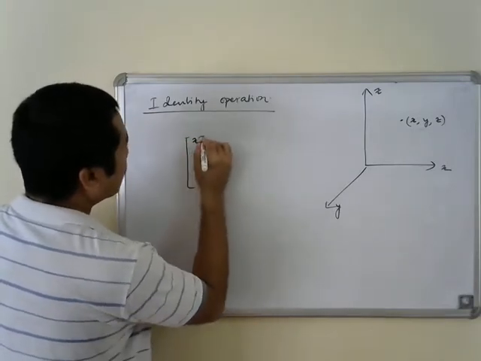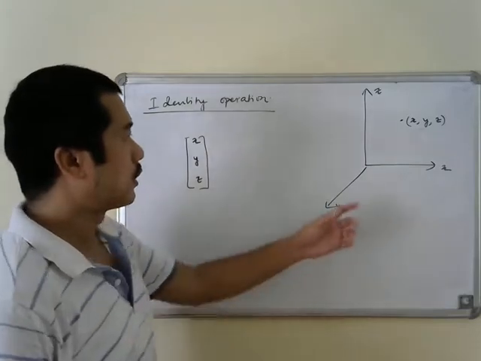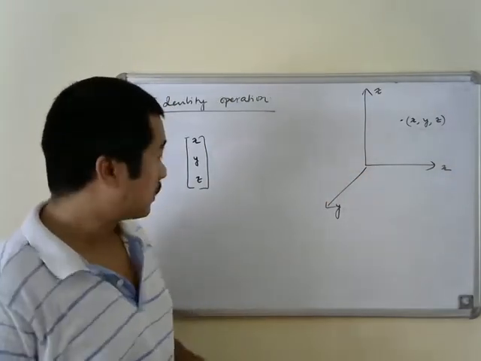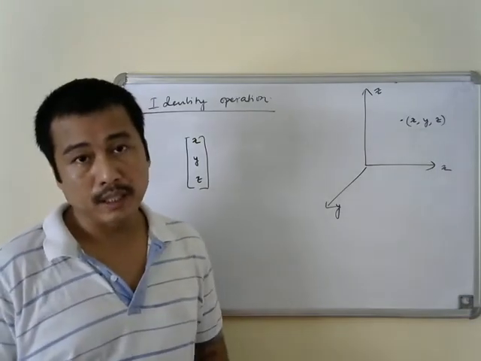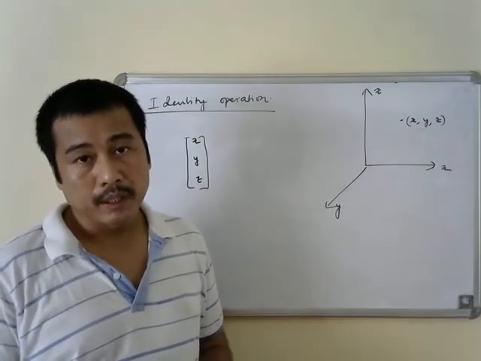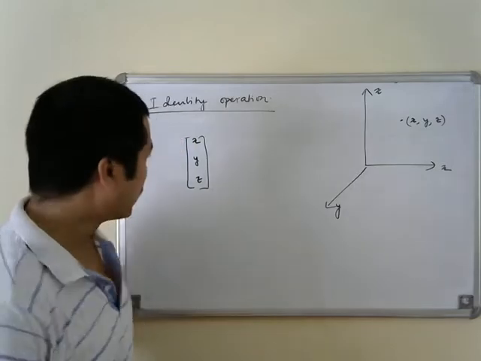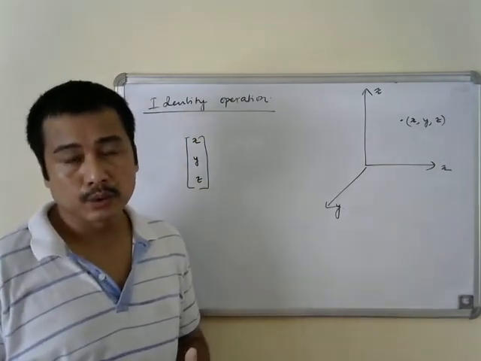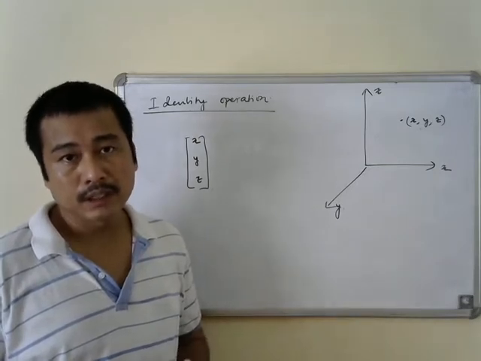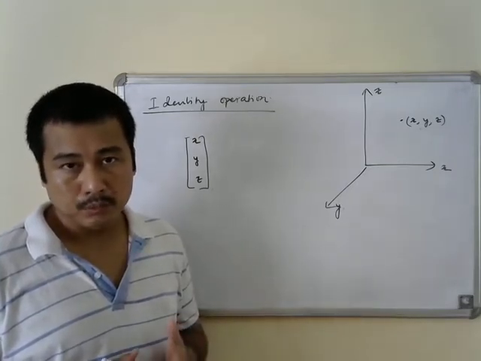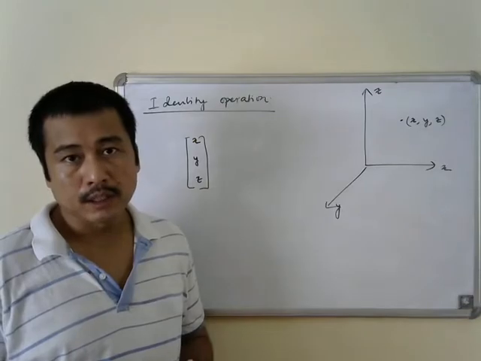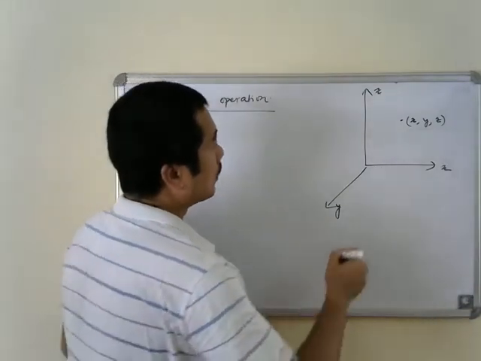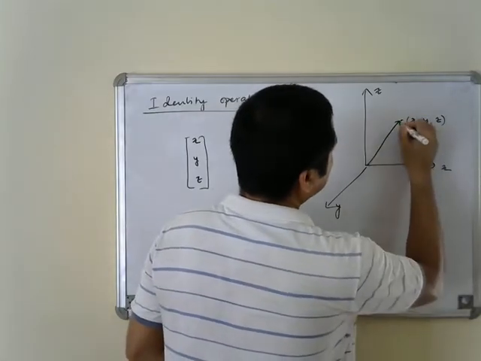Now we can represent the coordinate of this particular point, that is x, y, z, by using a 3 by 1 matrix. A matrix in which one of the dimensions is equal to 1 essentially describes a vector, and this particular point can be described by a vector also.